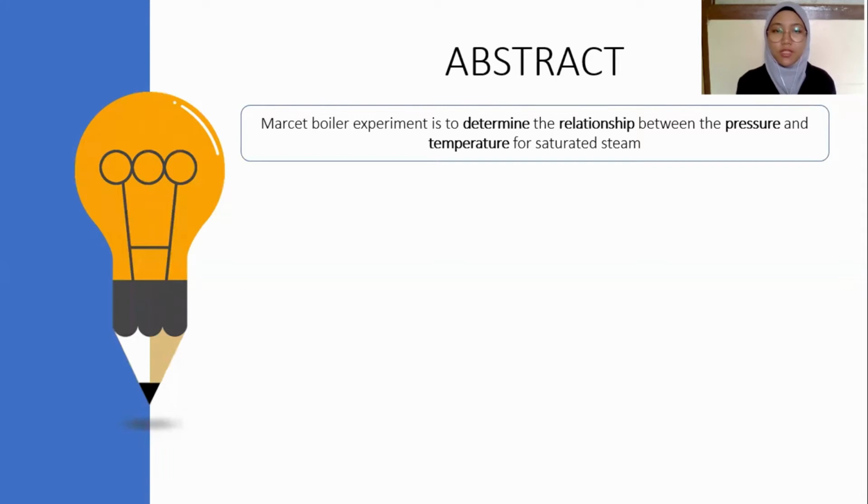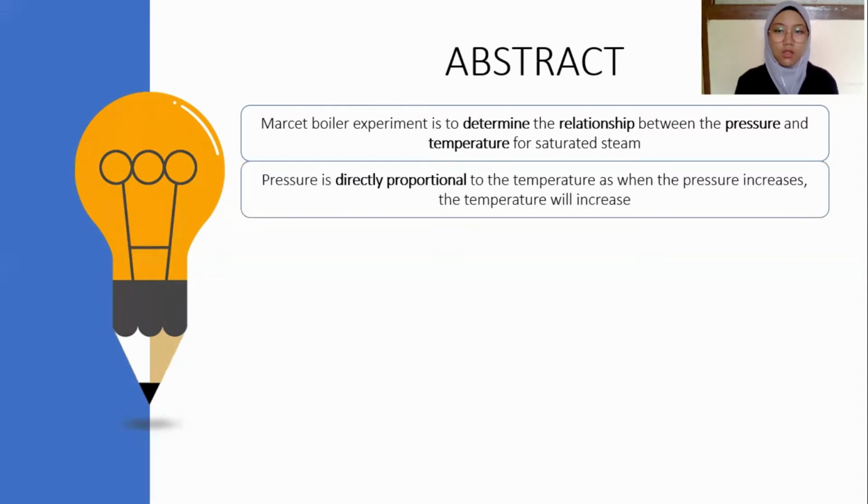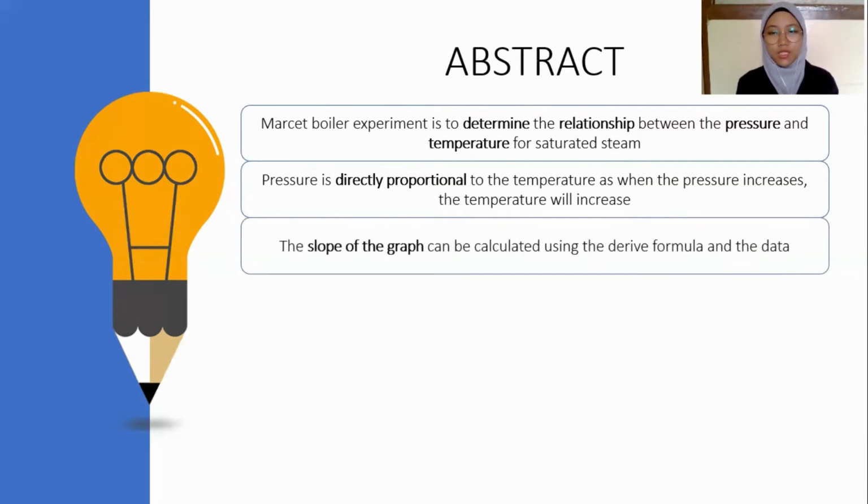I will start this presentation with the abstract of this experiment. This experiment is to determine the relationship between pressure and temperature for saturated steam. When the pressure increases, the temperature will also increase because pressure is directly proportional to temperature. From the derived formula and the data that we obtain from this experiment, we can calculate the slope of the graph.